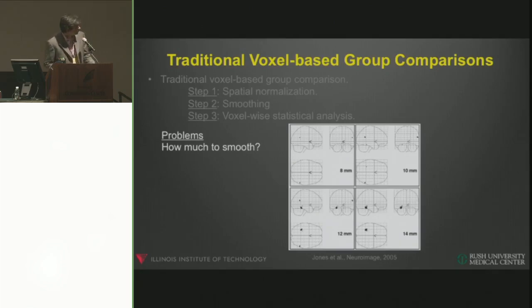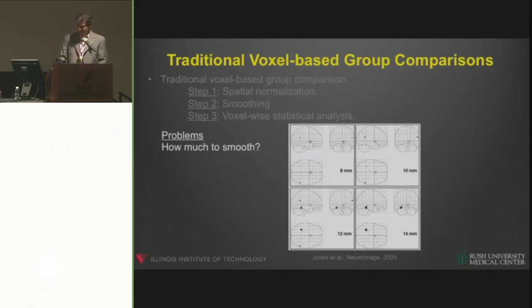And if you look at this particular region over here, it looks very strong at 14 millimeters. It becomes smaller for 12 millimeters, then becomes even smaller, and then disappears. And then if you look at this region over here, it becomes stronger from 8 to 10, even stronger at 12, and then goes away at 14 millimeters smoothing.